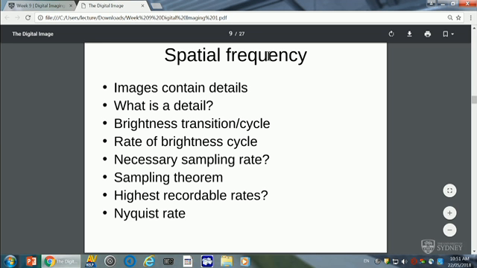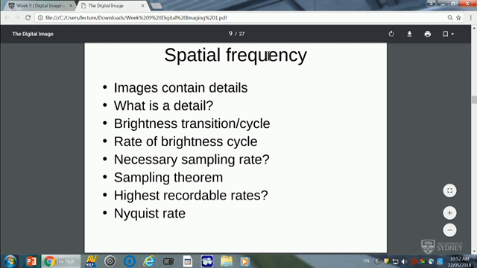The sampling theorem tells us that if we want to record all the information, we've got to sample twice the spatial frequency. So if there are 2 details per millimeter, we've got to give it 4 pixels. If there are 8 details per millimeter, we've got to give it 16 pixels if we want to record all the information.